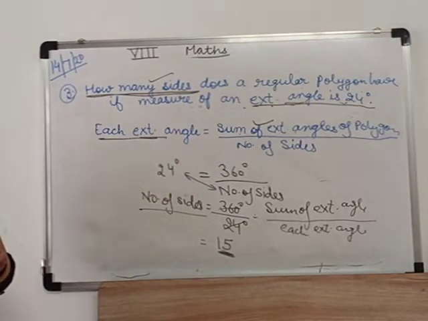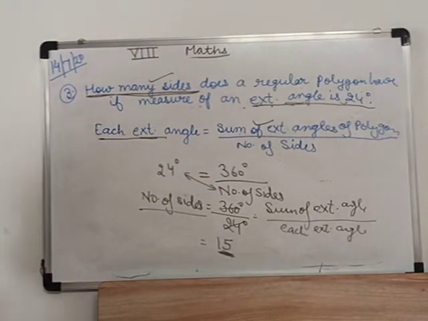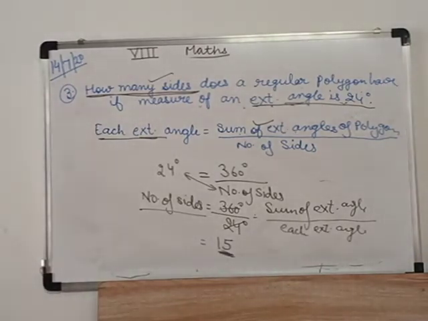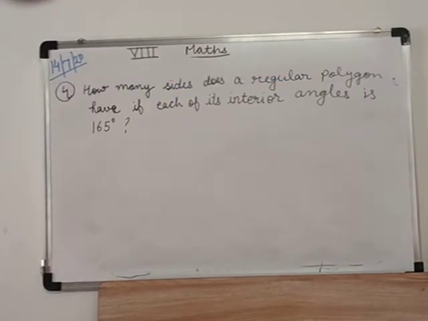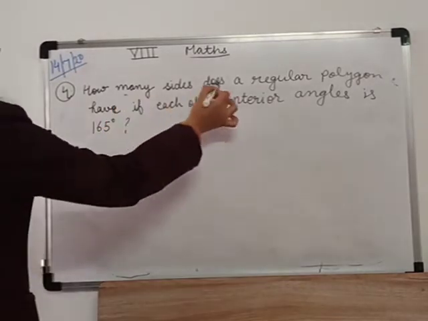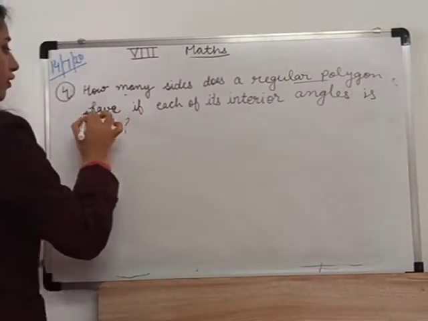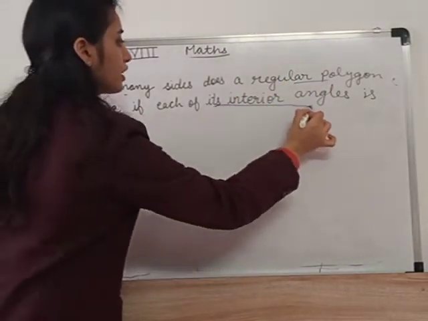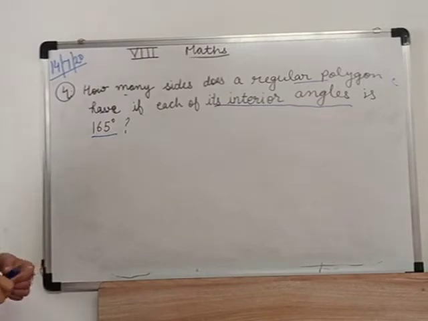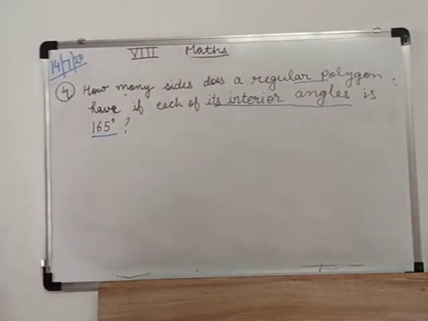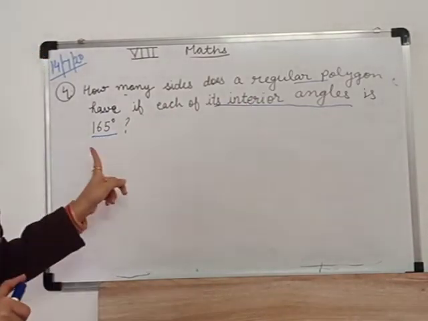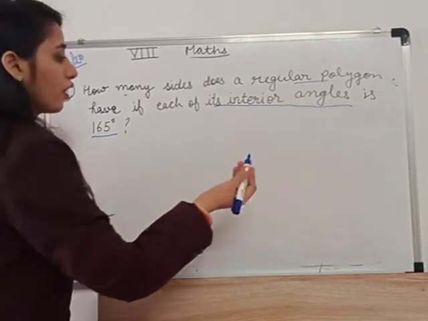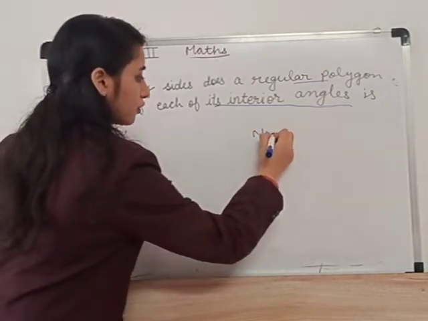Okay. Now the fourth question. Question number 4 is: how many sides does a regular polygon have if each of its interior angles is 165? But in the previous question, each exterior angle was given. Then how can we find the number of sides?